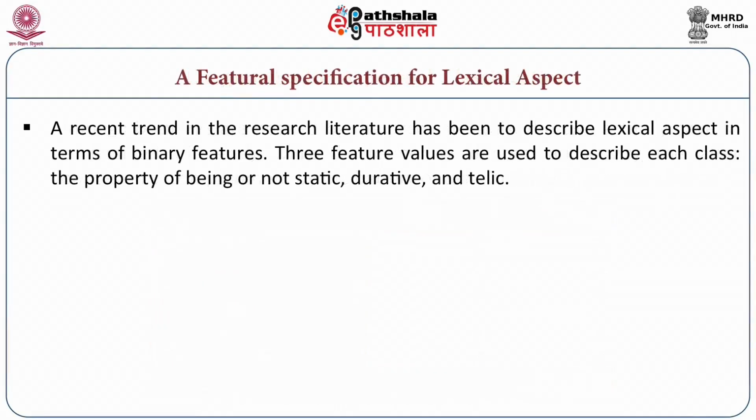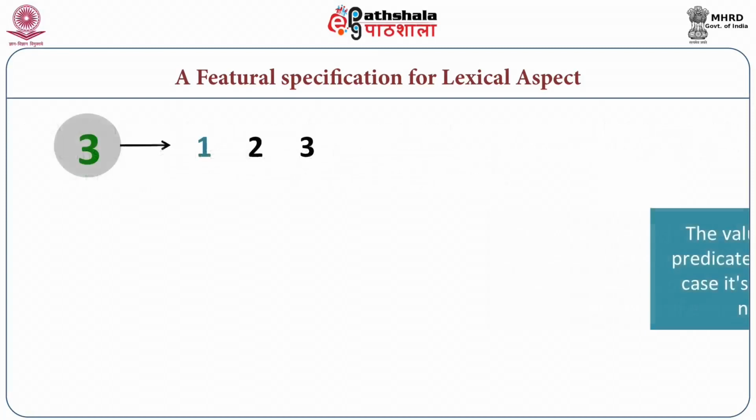Let us now examine whether we can create a featural specification for lexical aspect. We will use three feature values to describe each class: the property of being or not being static, durative, and telic.